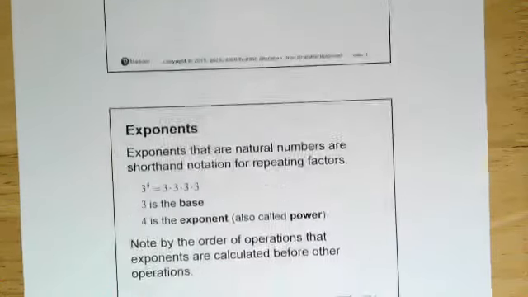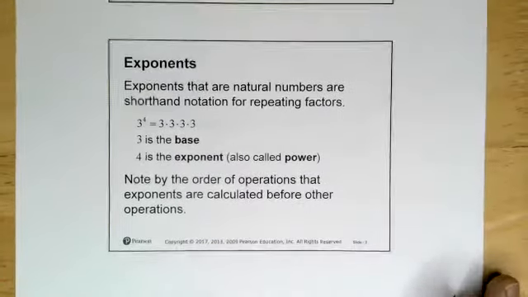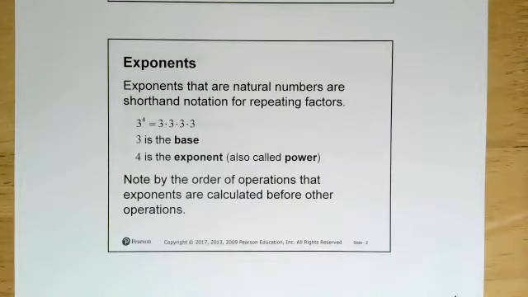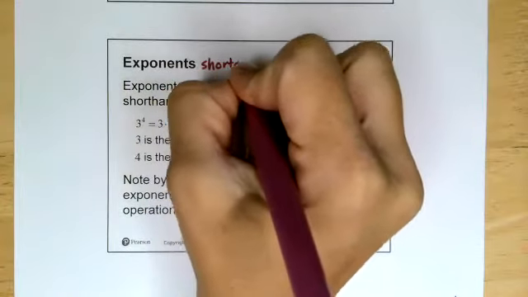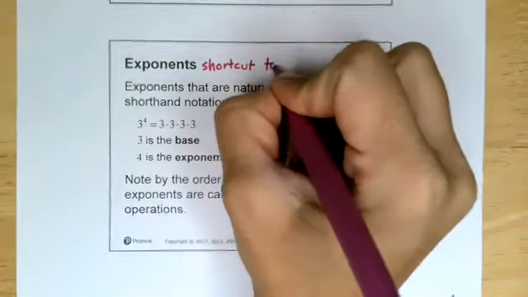All right, so exponents that are natural numbers, which is all the exponents we will be using, are shorthand notation for repeating factor. A factor means multiplication. So exponents are a shortcut to multiplication.